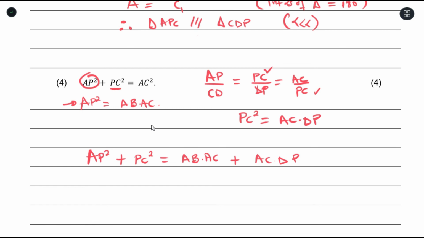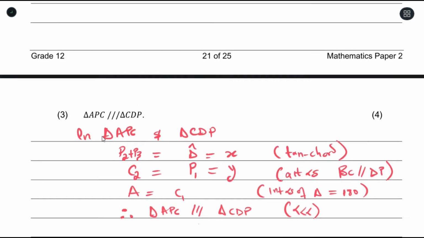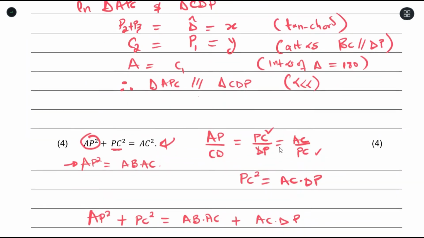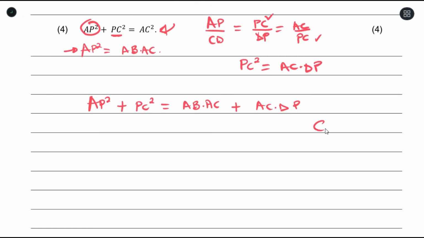Okay, so my answers are coming together a little bit, right? I have the left hand side sorted, I just need to worry about the right hand side. I need to make everything on the right hand side equal to AC squared. If you go back to the question, we're told that CB is equal to DP, so I could rewrite this to look like this.